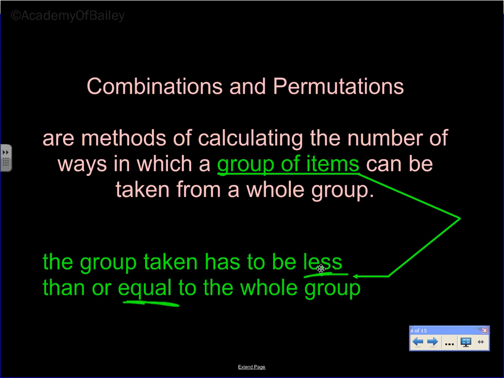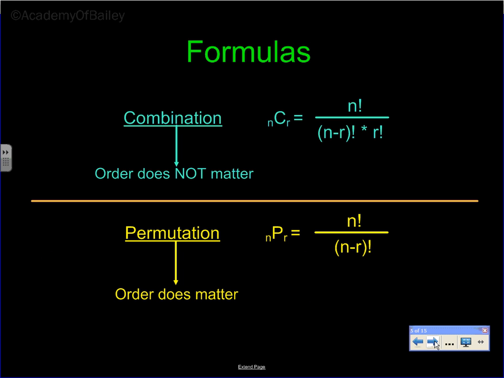In that situation, in which the coach is putting a starting lineup on the floor, it doesn't matter what position those players play. A combination is how you solve that situation, because order does not matter.